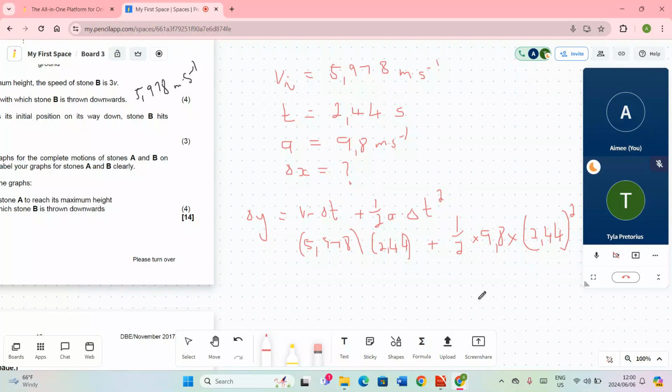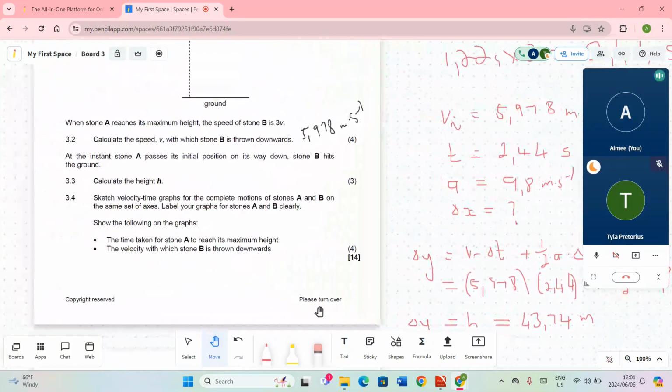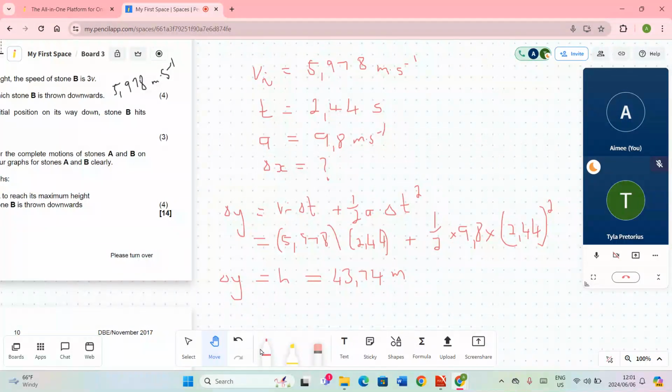You substitute all of that information in, and you're left with change in y, or height, is equal to 43.74 meters. 43.74 meters is your answer to 3.3. Okay, perfect.